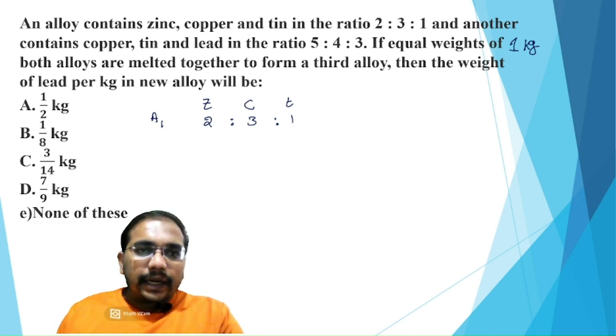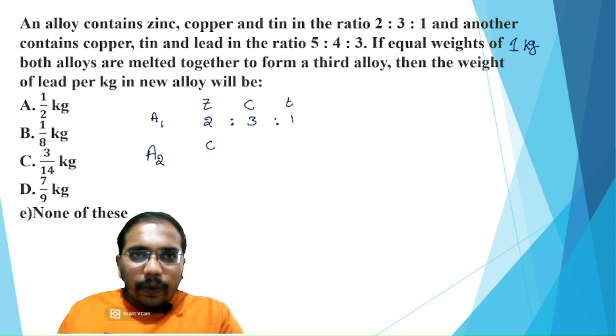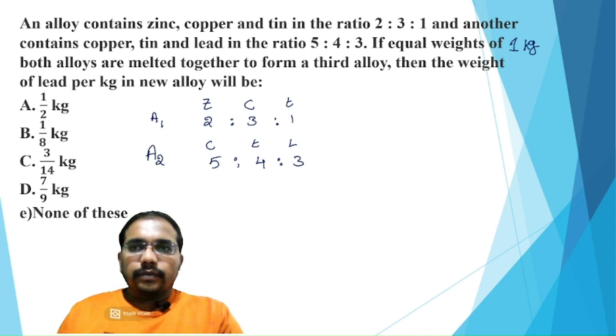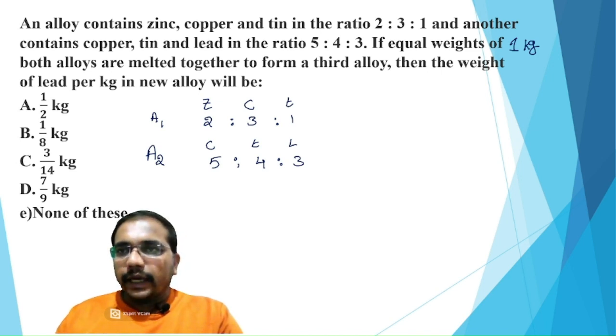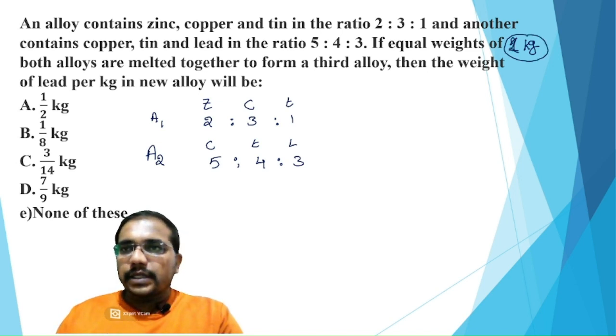And another alloy, alloy 2, contains copper, tin and lead in which ratio? 5 is to 4 is to 3. Equal weight of 1 kg, or any kgs, they can say 1 kg or 2 kg or 3 kg or 4 kg or x kg also.